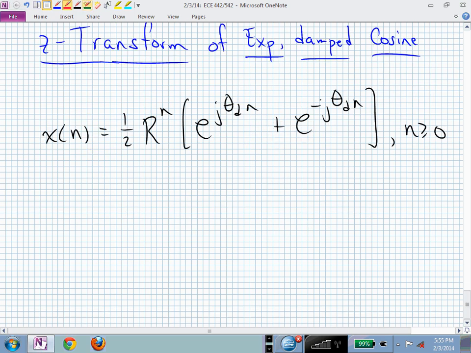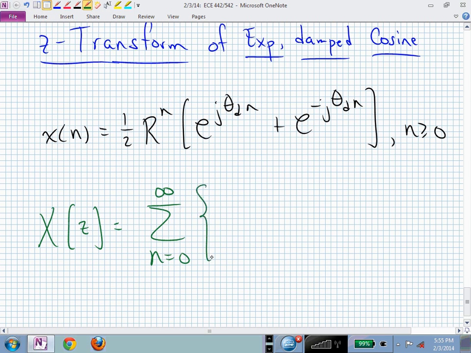And now we can apply the Z-transform. It's only one-sided. Our sum then needs to only worry about the positively indexed values of n from 0 to infinity.